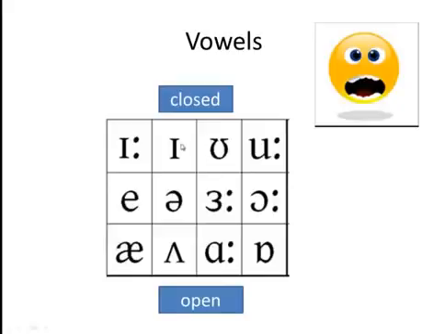And the same for here. So you can see that your mouth is getting more open as you go along. And again, this can be helpful to show to learners, to give them something physical and tangible to be able to make these vowel sounds.